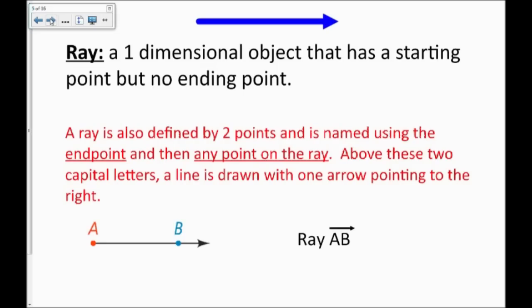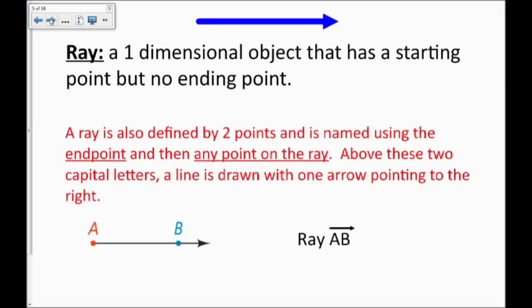A ray is a one-dimensional object that has a starting point but no ending point. So it's kind of like part of a line. A ray is also defined by 2 points and is named using the endpoint and then any point on the ray.